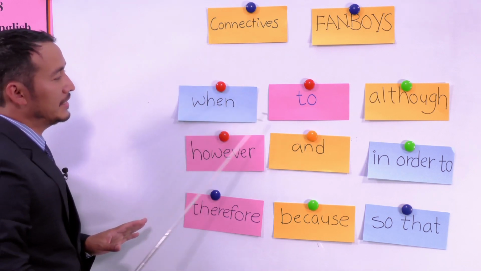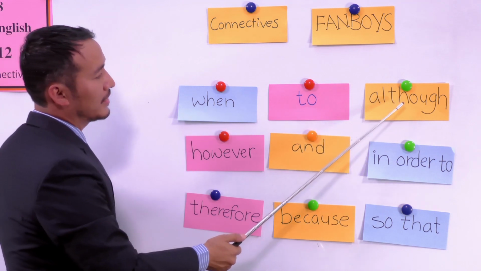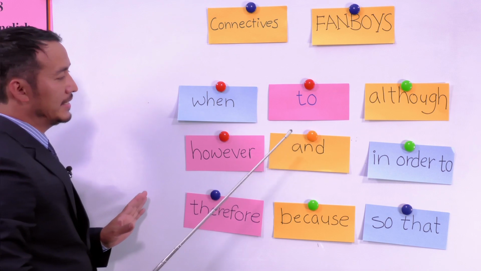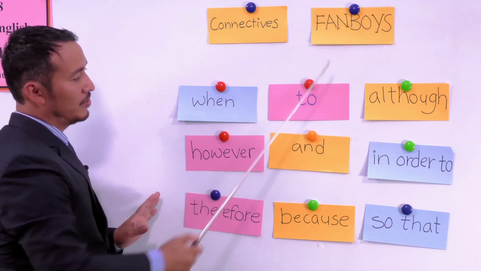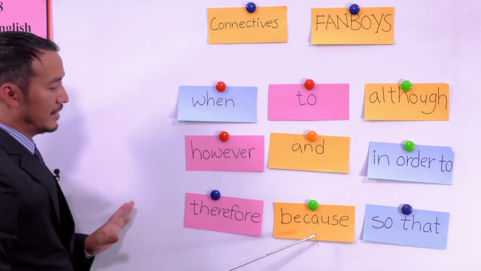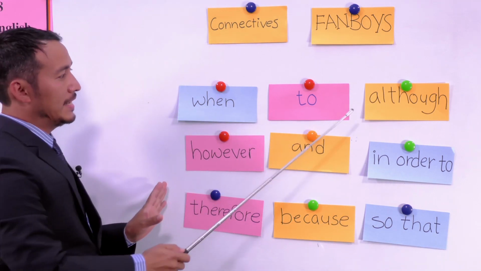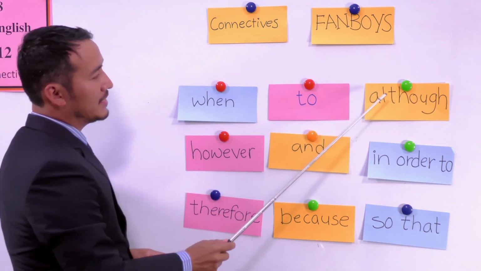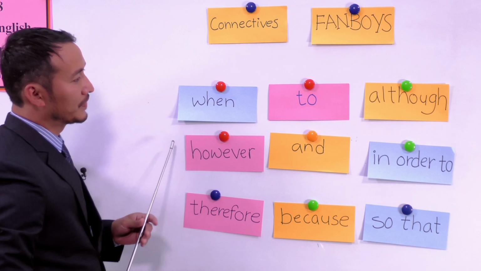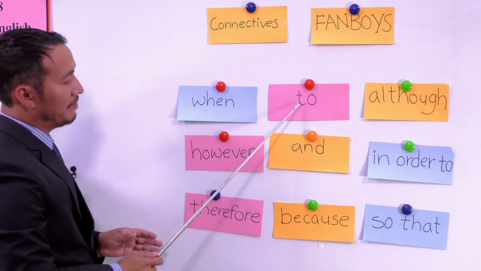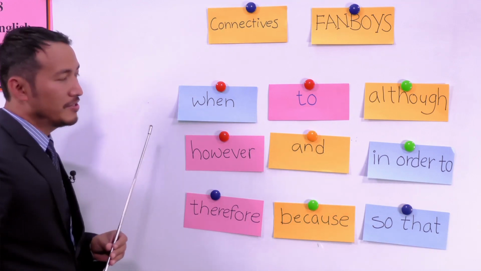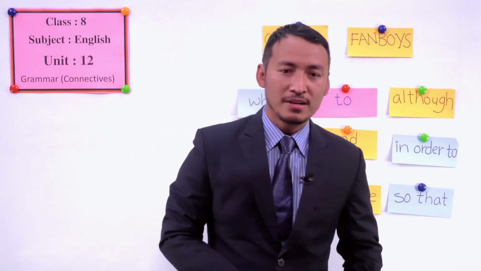When is subordinating, to is subordinating, although is subordinating, however is subordinating, and is in this list, so it is coordinating, in order to is subordinating, so that and all others are subordinating. And here we have contrast connectives like although and however, and for showing purpose we have to, in order to, and so that. Okay, students, that's what we have talked about till now.